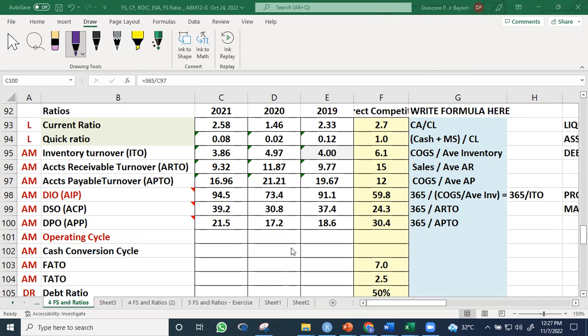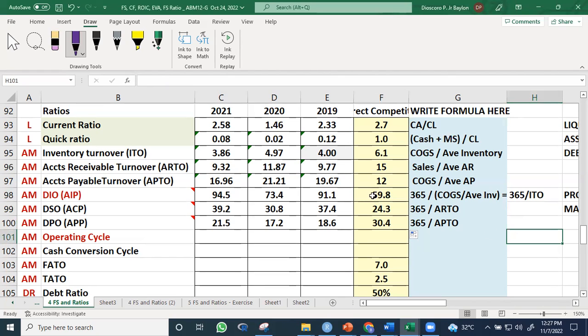Okay? Now, kapag mineasure na natin si DIO at saka si DSO, okay, ano nangyayari dito? Nagiging opposite na siya, no? Kasi i-divide na natin yung R2 at saka I2. So, si DIO, sabi nga natin, pinsan to ni ITO.